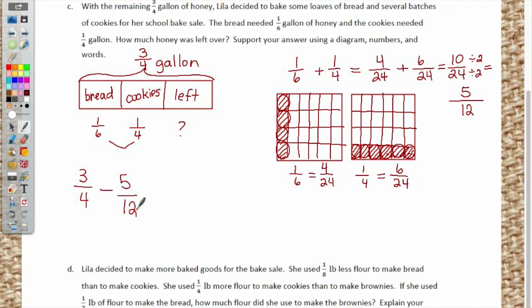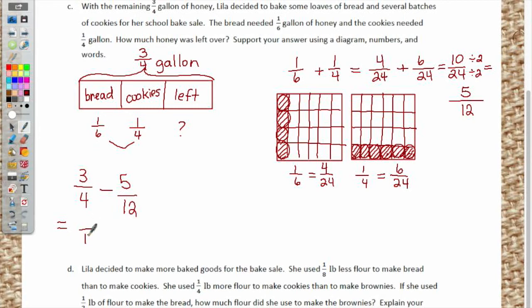Okay, now on this one, Cooper, I'm going to let you share your strategy for finding the common denominator because I don't want to take the time. Okay, so why couldn't I just make 12 be my common denominator?